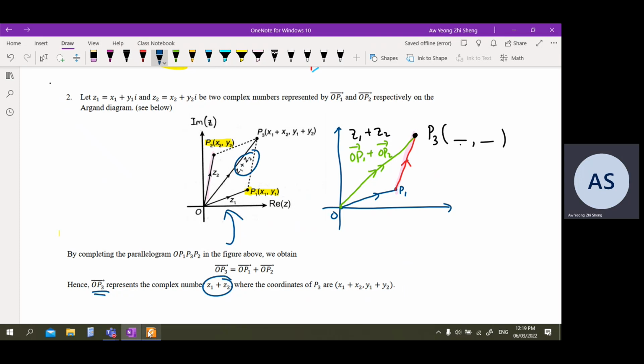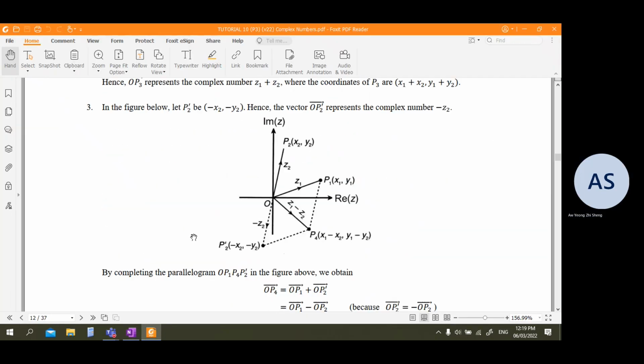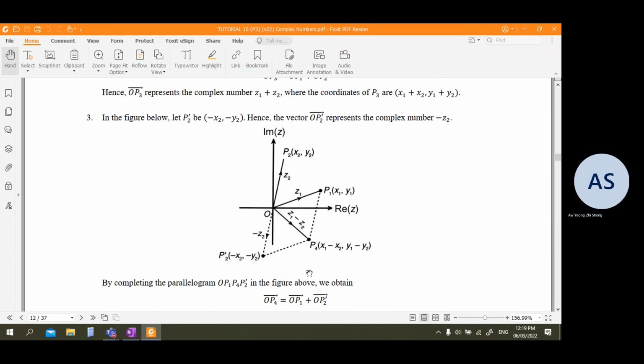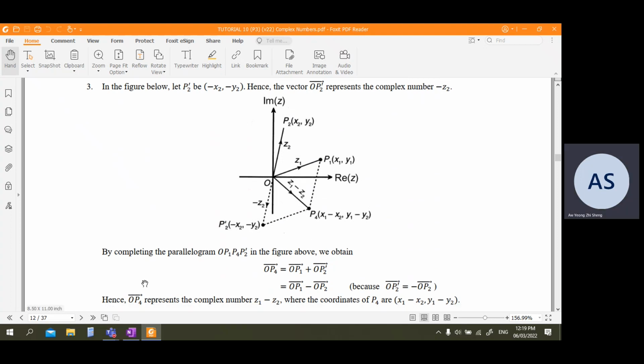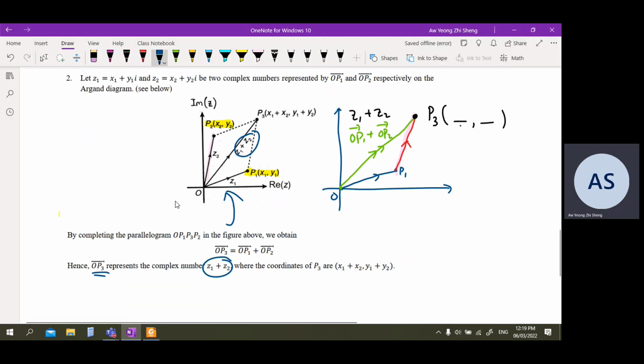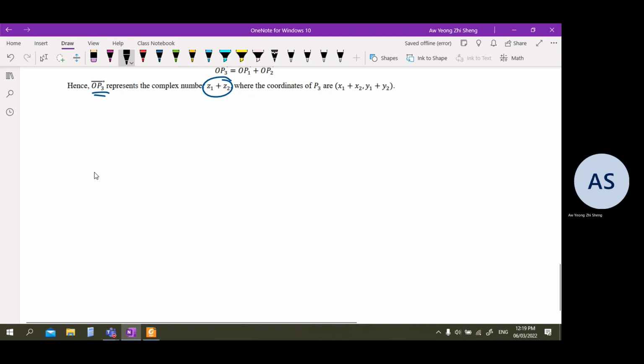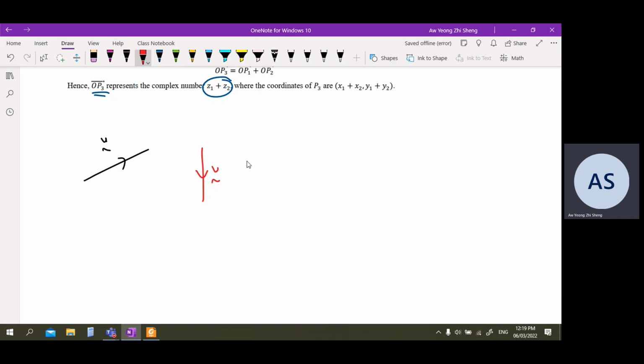Okay, now let's move to point number 3. The subtraction of vector can also be done in a similar way. So recall that in the chapter of vectors, if this is my vector u and this is my vector v, then negative v is just a vector in the opposite direction to v, and the length remains the same.